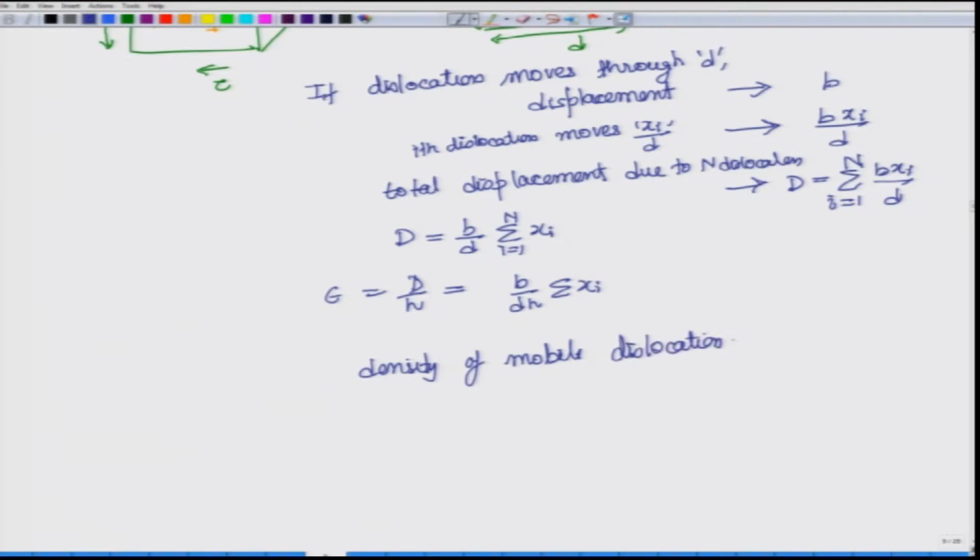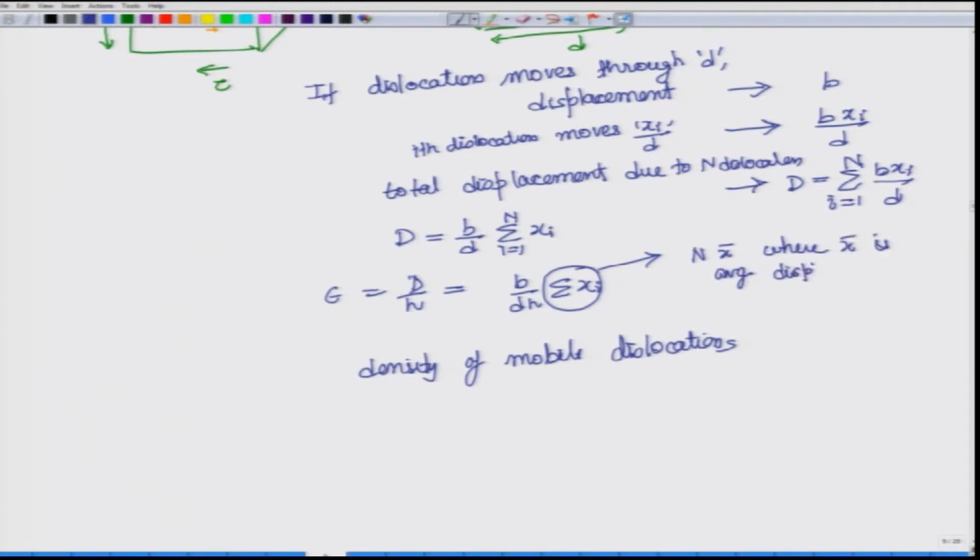Now, this density of mobile dislocations can be given as follows. Here we will see two things. One, the summation xi can be written as n times x bar, where x bar is the average displacement.